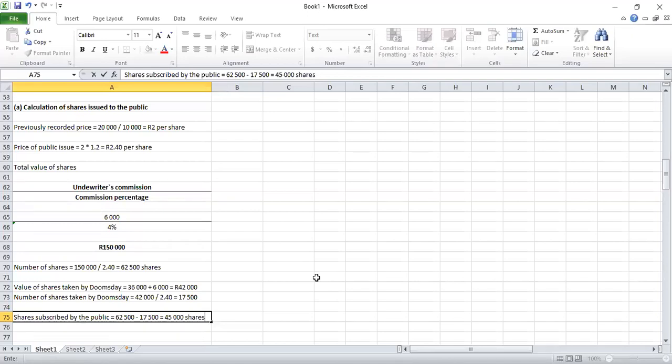Doomsday took up the remainder of the shares, which were 17,500. Is that fine? So that is our answer to that.